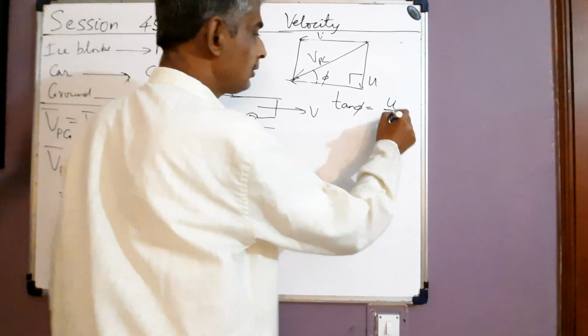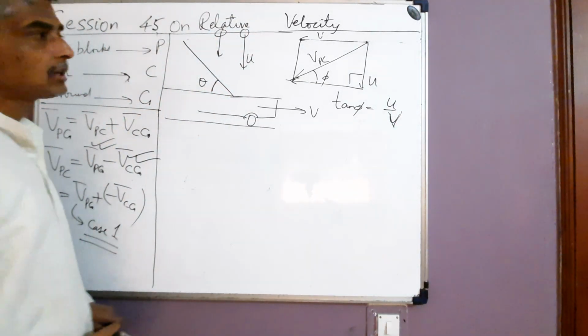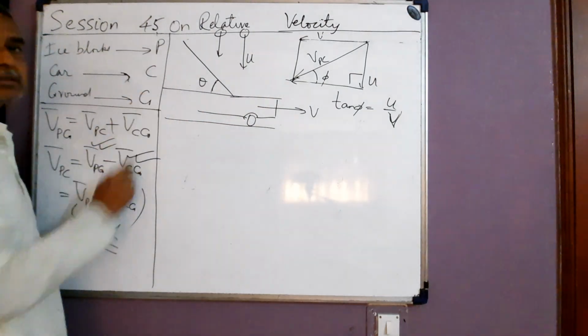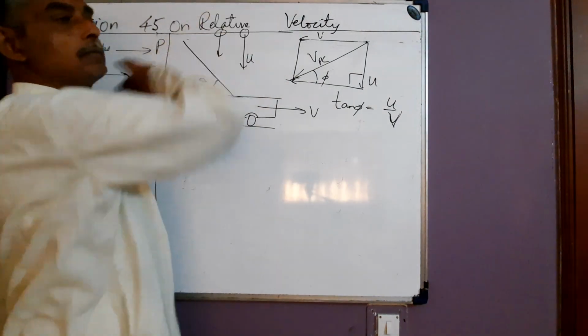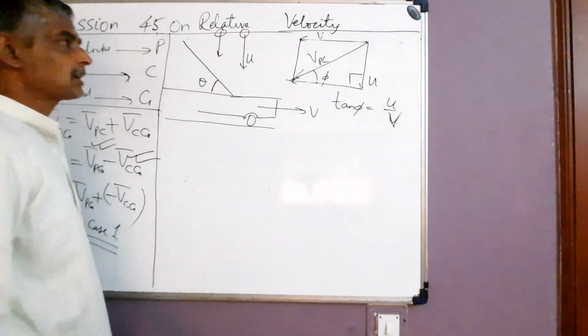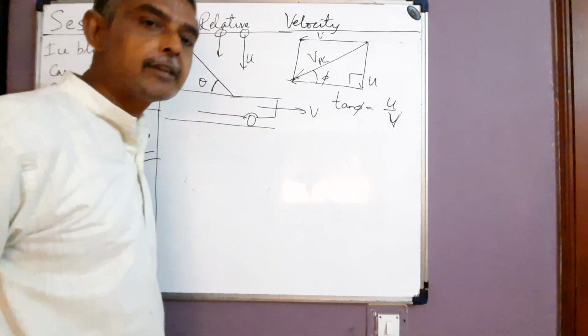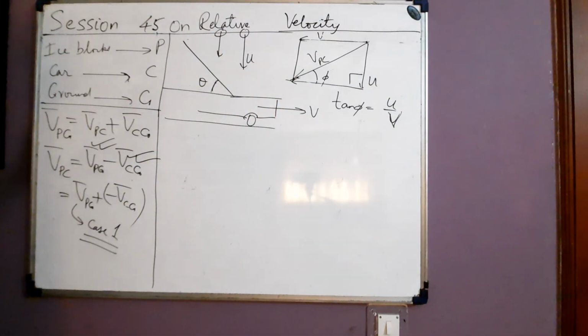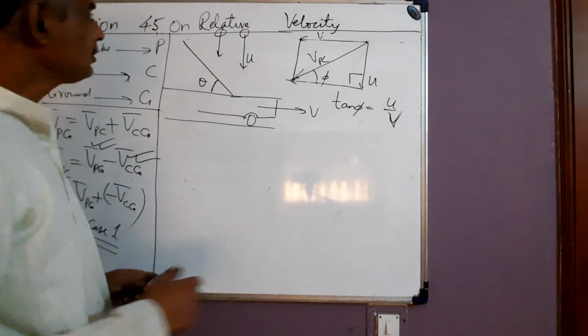Alright. So an observer in the car will observe the ice blocks coming like this, at an angle phi with the rightward horizontal. Alright. So now what we have to do? Now, the point is this.